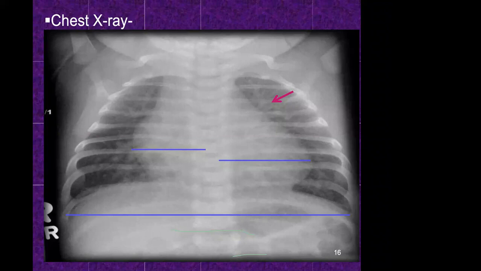So what do you notice in this? I have already given you all the hint as well. I can see cardiomegaly. And what else?